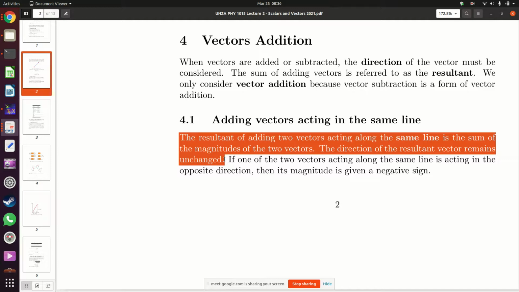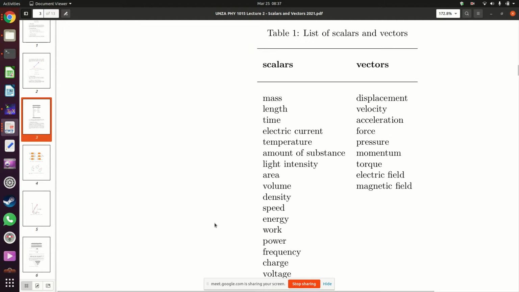So ax and bx can just be added like normal vectors pointing along the same line. The same thing applies to ay and by. Ay and by are pointing in the same line, so you can just add their sizes, and the direction of ax and bx remains the same. It will be the x direction. The direction of ay and by will remain the same.